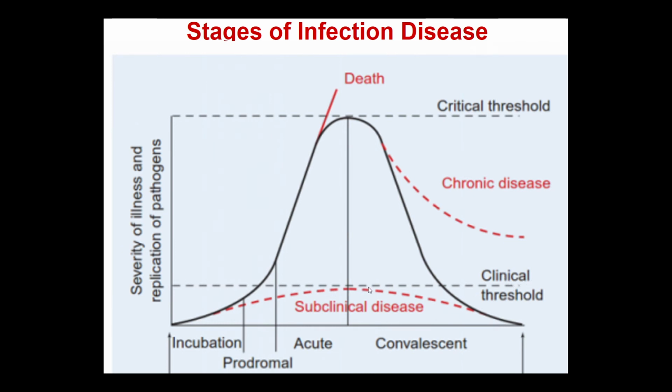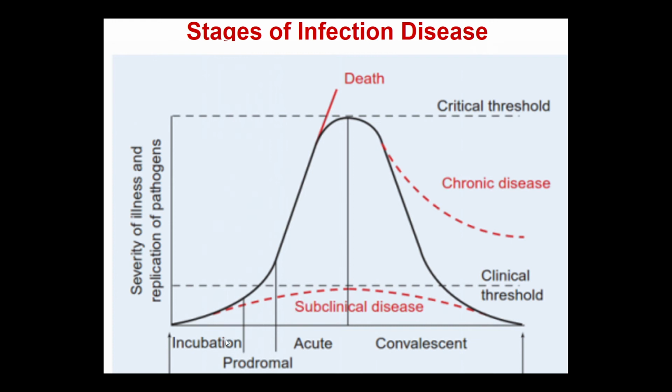This is the minimum concentration of the bacteria in the human organism that is associated with the appearance of the clinical symptoms. If the concentration of bacteria in the human body changes, but all these changes are at a lower level than the clinical threshold, so-called subclinical disease develops.